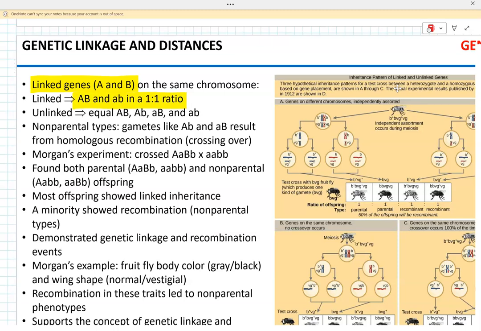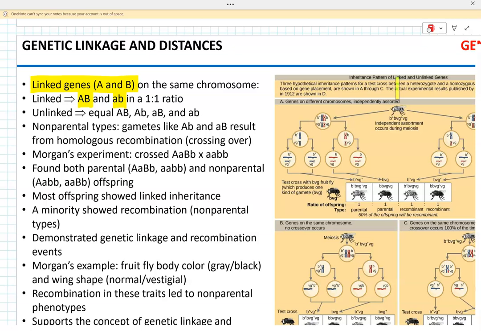then the probability of forming gametes that are either two dominant alleles in the same gamete or two recessive alleles in the same gamete is 1 to 1.